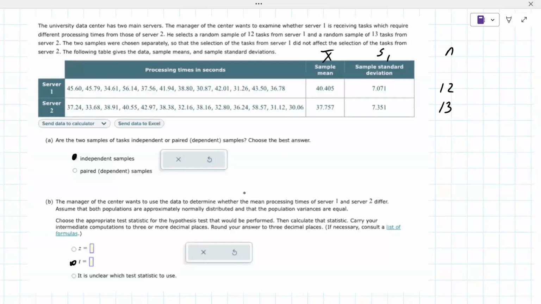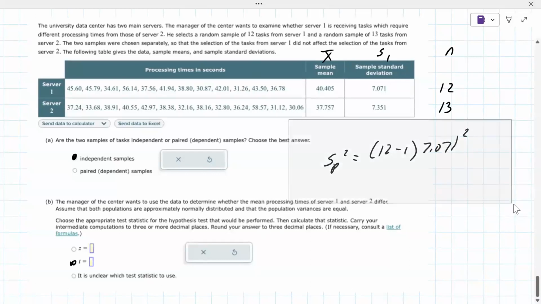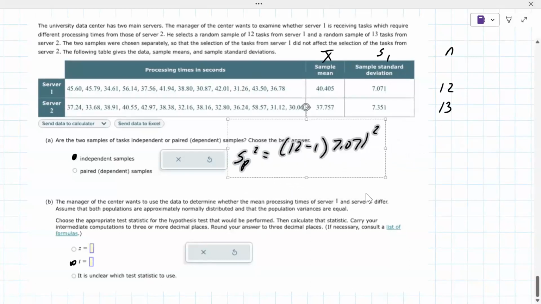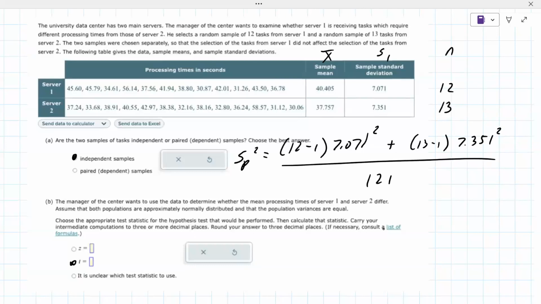So we have to find that T value again. So that SP squared is that same thing: 12 minus 1 times 7.071 squared. I run out of room here, so let me move this over. Plus 13 minus 1 times 7.351 squared, over 12 plus 13 minus 2.